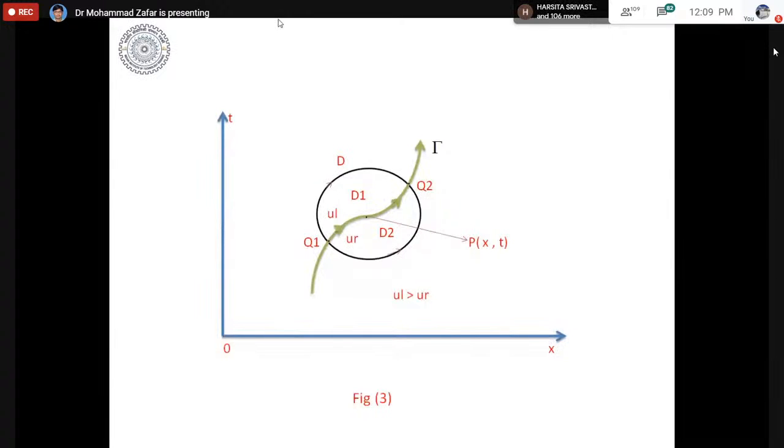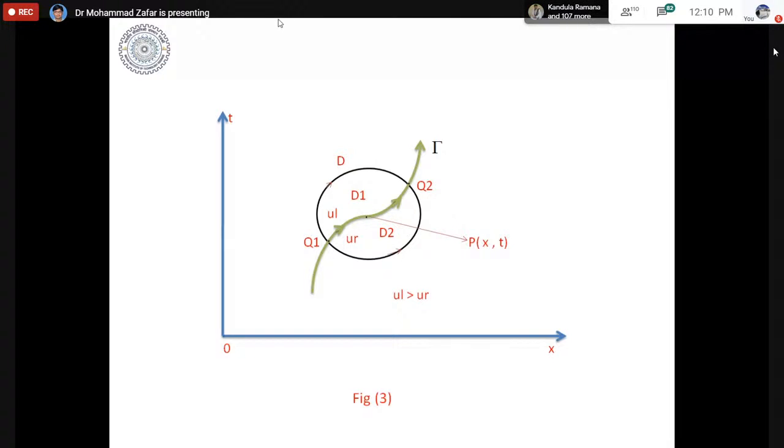Okay, so this is the definition of weak solution of equation number 12. Now let us derive the RH condition, that is the Rankine-Hugoniot condition, for the initial value problem. So let us see, this is the x-axis, this is the t-axis. Suppose there is a curve gamma, you see the green color curve, gamma. This green color curve gamma is the curve of discontinuity here. And what is the meaning of curve of discontinuity?